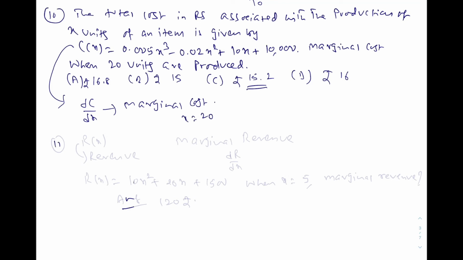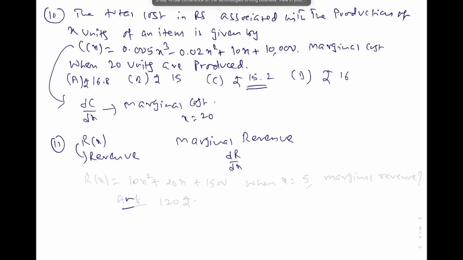Similarly, if you are given a revenue function, and if you are asked to find marginal revenue, then it is dR by dx. Okay, so that you need to take care.